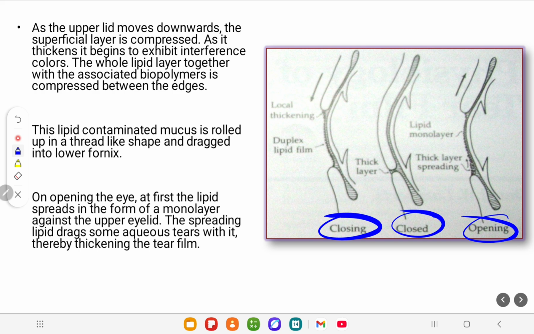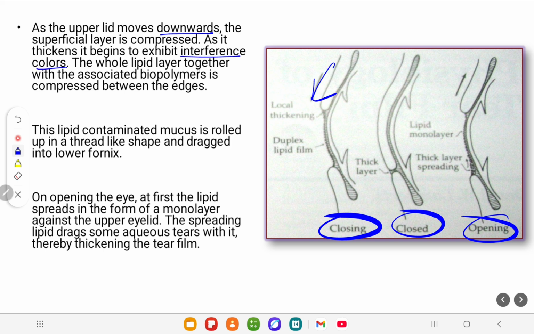As the upper lid moves downward, the superficial layer is compressed. What is the superficial layer? It is definitely the lipid layer. As it thickens, it begins to exhibit interference colors, basically as seen in interferometry.